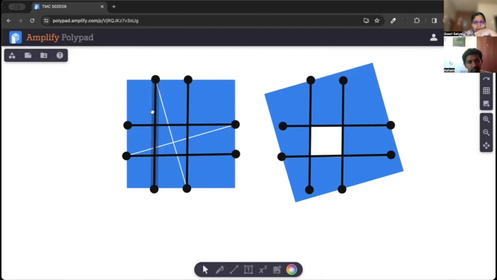And this vertical black line is A, which is the side of this square, and this, let's just call it B. So this small white square, the cutout, the hole, is B squared. So C squared is A squared plus B squared.